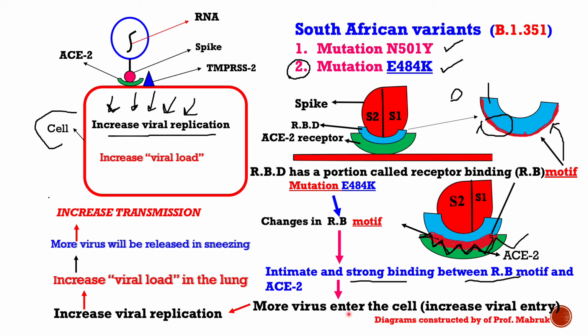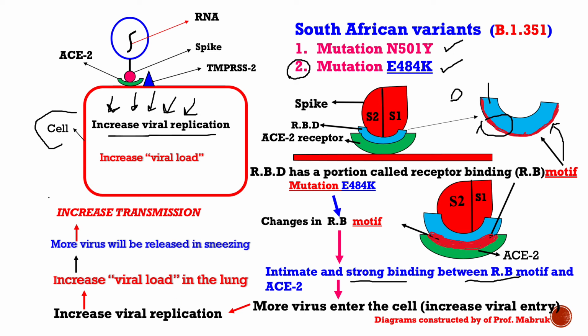This results in more virus entering the cell, so an increase in virus entry, followed by an increase in viral replication, and because of the increase in viral replication, an increase in the viral load inside the lung. So then more virus will be released in sneezing or in the droplets of an infected individual with the South African variant. So this will result in an increase in the transmission of the South African variant of coronavirus COVID-19.